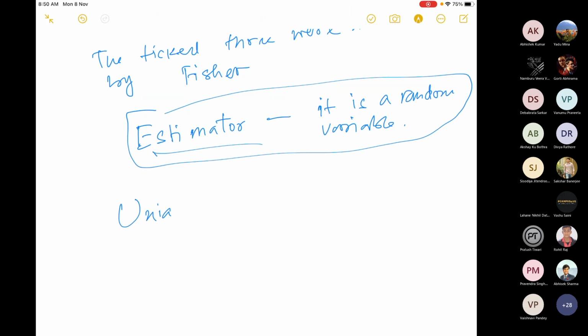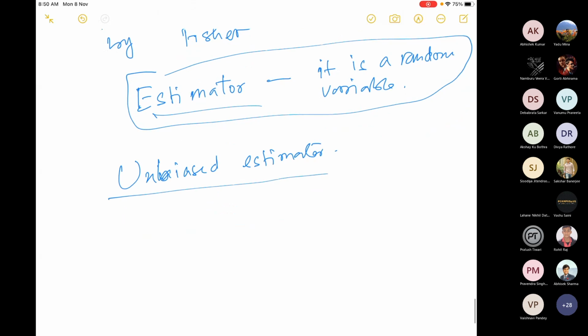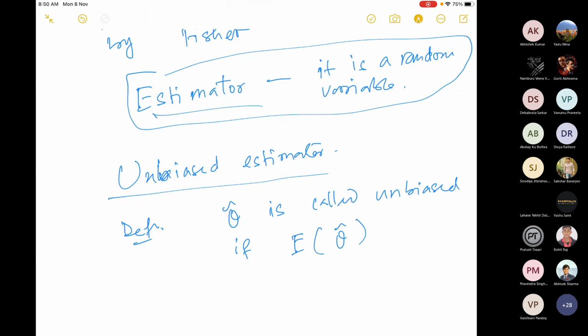When do you call an estimator unbiased? Let me just give you the definition itself. So theta hat, the estimator, is called unbiased if the expectation of theta hat is theta itself. Since it is a random variable, I can talk about its expectation.